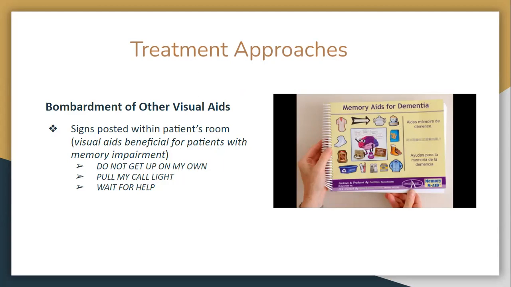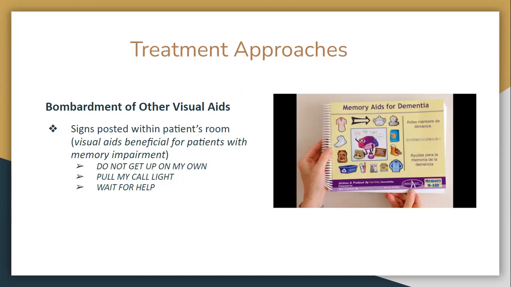Common signs I will use will have the statements, I do not get up on my own, or I pull my call light when I need help, and I wait for help. The signs are posted within the patient's visual field. The visual aids are helpful in that it reminds the patient of the safety concepts that they are learning.